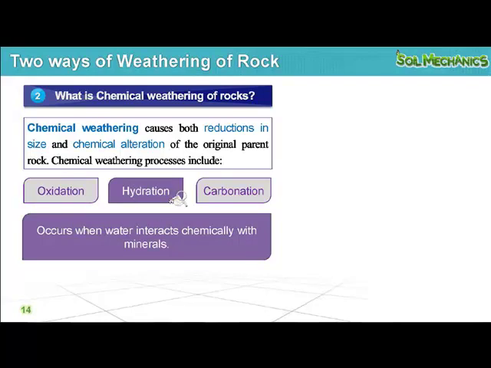Hydration comes from hydro, which means water. It occurs when water interacts chemically with minerals. So rock can be weathered due to water. When water interacts chemically with minerals contained in the parent rock, it can be weathered.